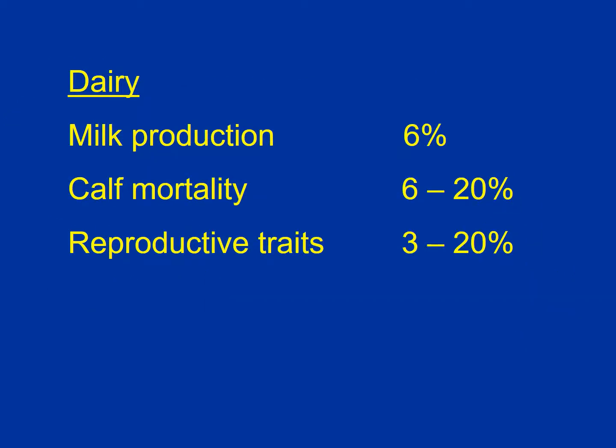For dairy production, less crossbreeding is done in dairy than other species. Maybe today in the United States, about 10% of dairy cows are crossbred, and that number has actually been on a slightly upward trend over the years. Milk production, the main trait in dairy cattle, is at 6%, so it's not huge like we get in litter size for swine or pounds of calf per cow bred in beef cattle.